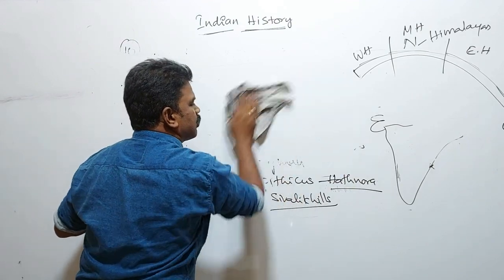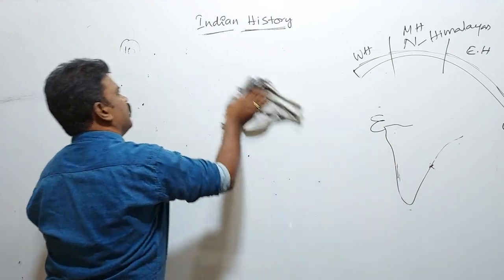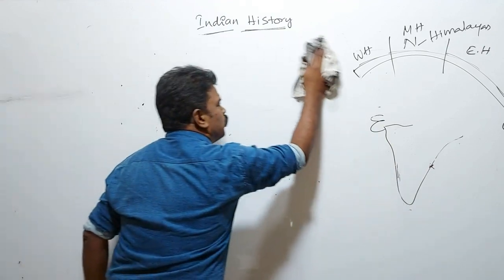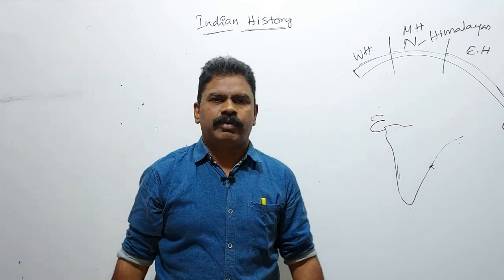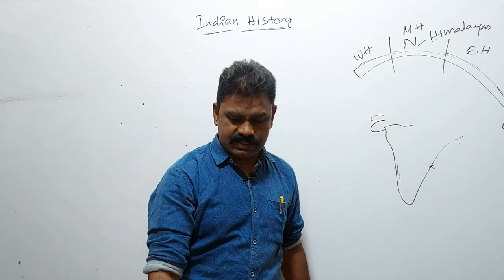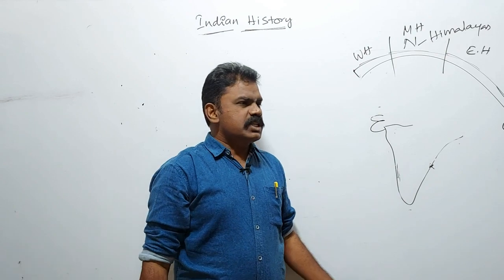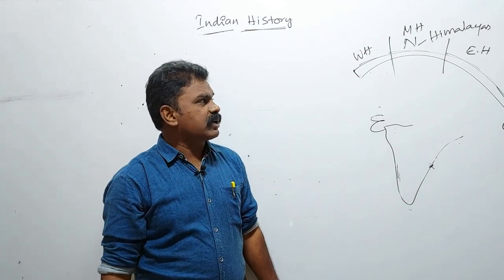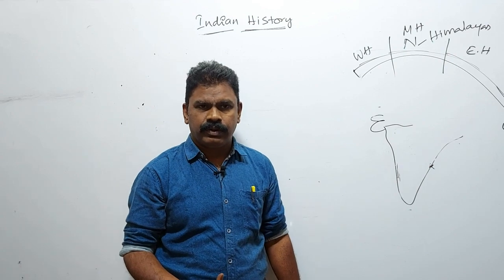So the Himalayas are most important for India's survival, and the Himalayas also divide India from other Asian cultures. So this is about the impact of the Himalayas on Indian history.